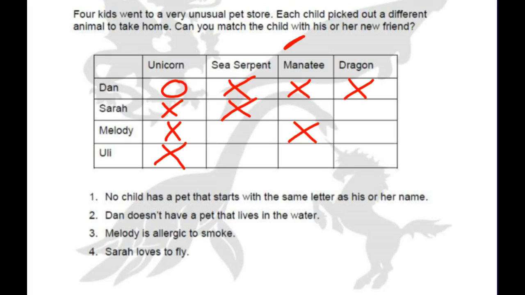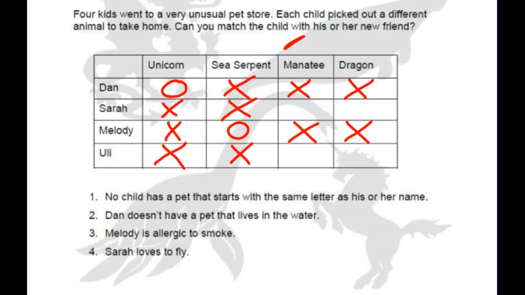Okay? Just looking at my boxes, there's no rows or columns with one space, so I've got to keep going here. Melody is allergic to smoke. Now, who would make smoke but a fire-breathing dragon? So Melody doesn't have a dragon. She's allergic to that. Now I see Melody's row has one open space, so I put a circle there, and that means I put X's up and down.